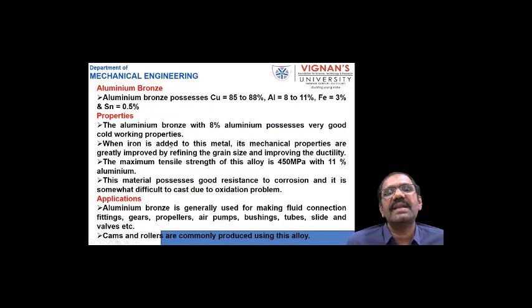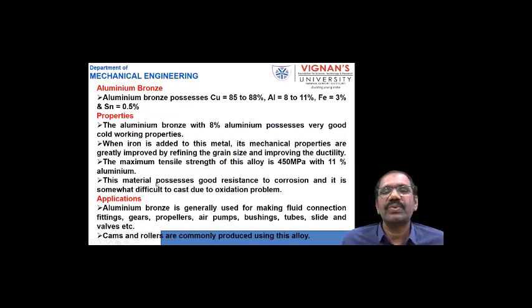When iron is added to this metal, its mechanical properties are greatly improved by refining the grain size. So grain refinement takes place, and it improves the ductility. The maximum tensile strength of this alloy is 450 megapascals when 11% aluminum is added.